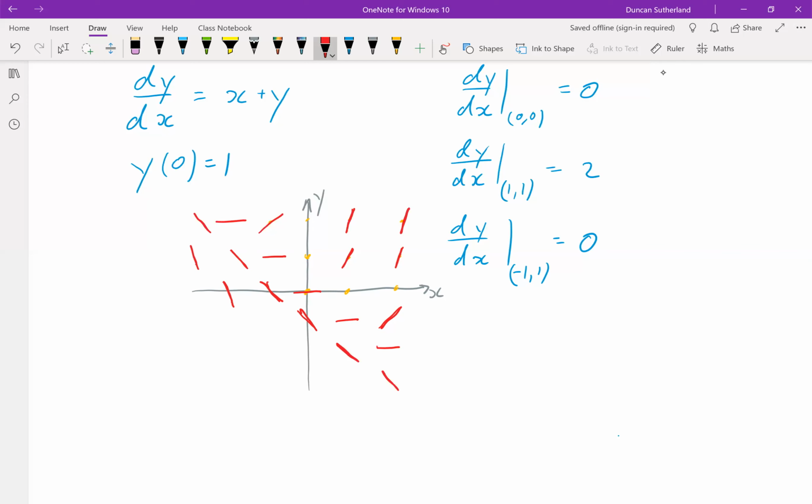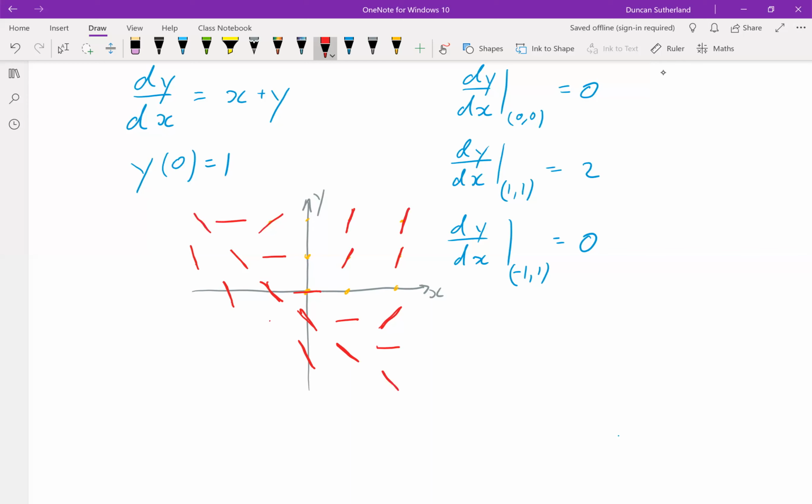Here, x is 1, y is -3, that looks like -2, yep, like so. I've lost my point.